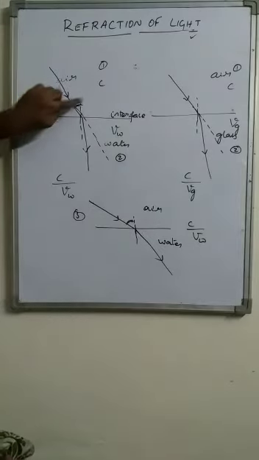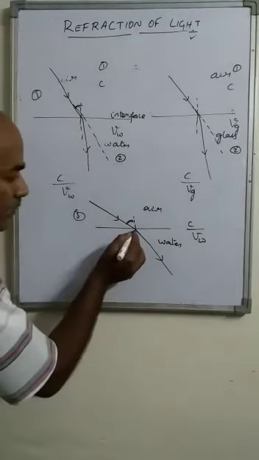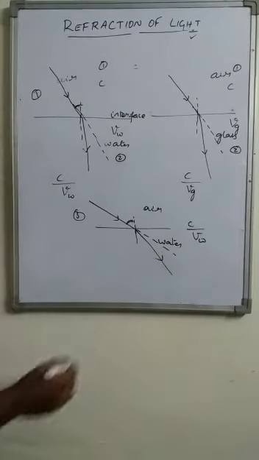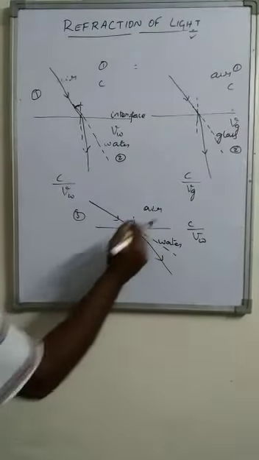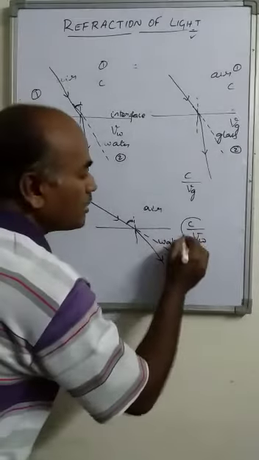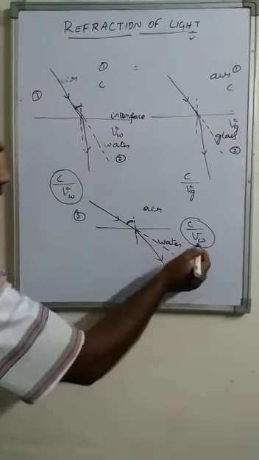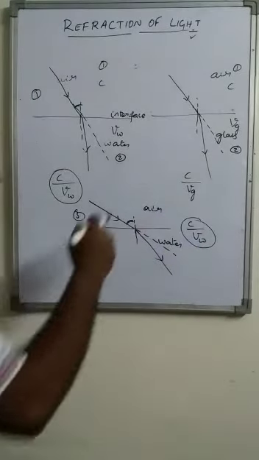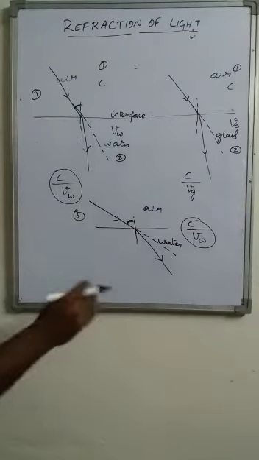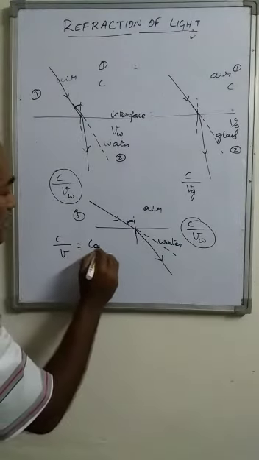Because of this difference in angle, the deviation is also different. The angle through which it is deviated from its original path is also different, but the ratio of velocity of light in vacuum to the velocity of light in water remains constant.